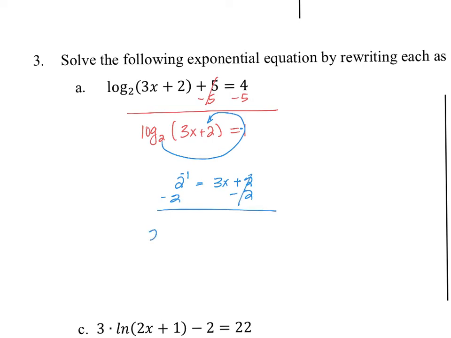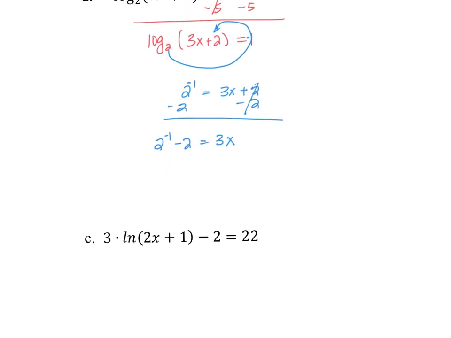Now we have 2 to the negative 1 minus 2 is equal to 3x. Let's evaluate that left side real quick, because 2 to the negative 1 power is actually 1/2, and then minus 2 equals 3x. And 1/2 minus 2 is going to give you negative 1.5 equals 3x. Divide by 3 on both sides.